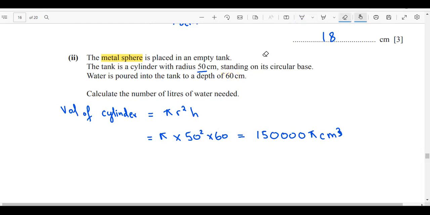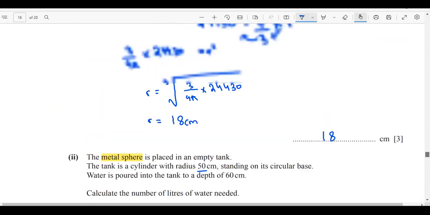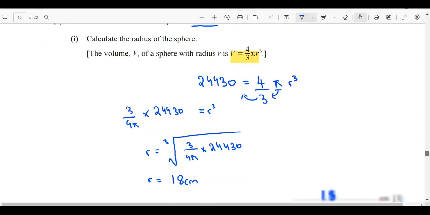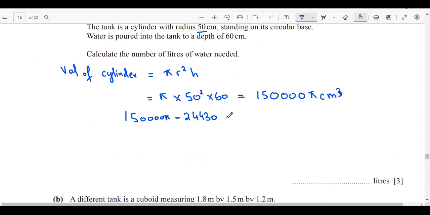I will put the metal sphere inside, so I'll subtract the volume of that. Minus 24430. This is the volume of the metal sphere, 24430, and this is going to give me the remaining volume.